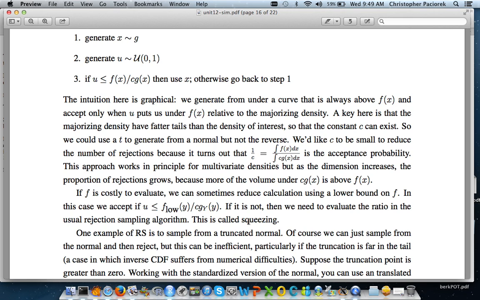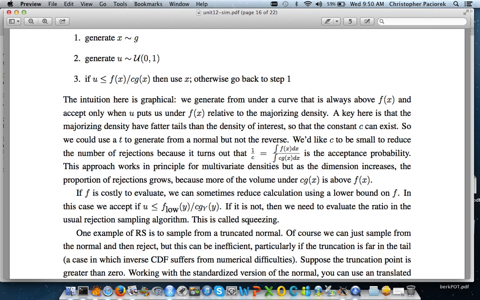So maybe this f of x is just some really hard thing to evaluate, and it takes a lot of computation to actually find f as a function of x for any given x. Another thing that you can do sometimes, maybe it would be hard to come up with one when I draw it like this, but suppose f looks like this. Sometimes you can come up with a lower bound that always falls below the f that you're interested in.